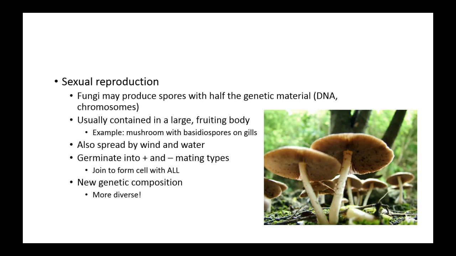But as far as the genetic composition, there's more diversity. If we were all just clones of each other and every human formed the exact same human, that wouldn't be very diverse. But because of the way that we have meiosis in humans and those chromosomes come together differently, there's diversity. This is the same when it comes to organisms in the fungi kingdom.